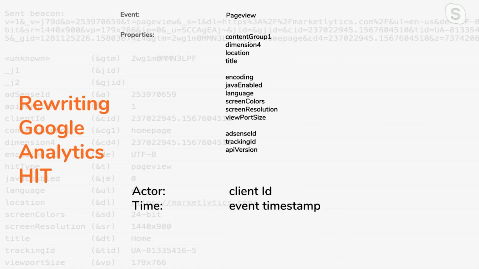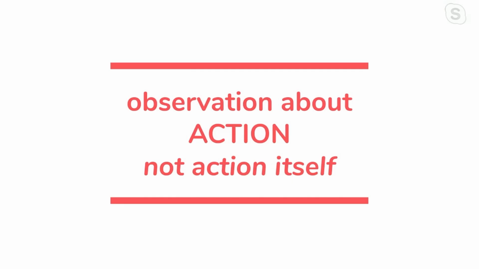And then, of course, last but not least, you have a client ID, which is a required parameter, which tells you this is the user, and if I come back, I'll be identified again. And then I also have a timestamp, which comes from just my event being sent, and that information gets processed alongside everything else.